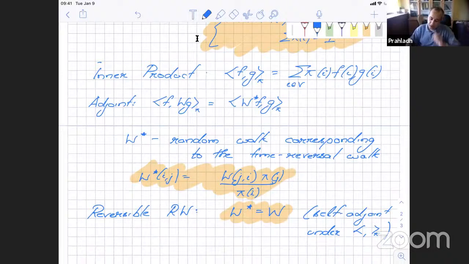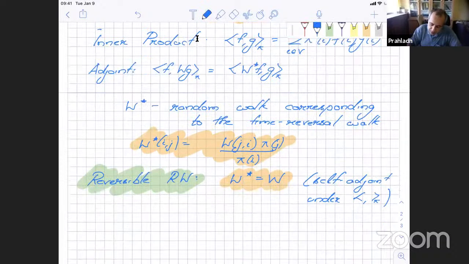These were what we called reversible random walks.